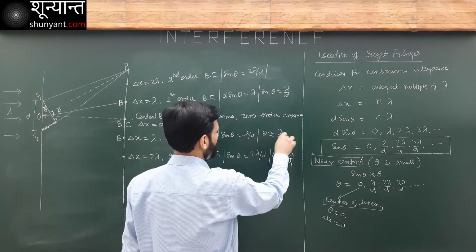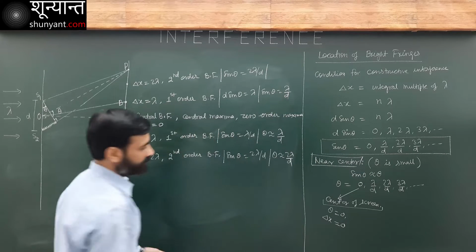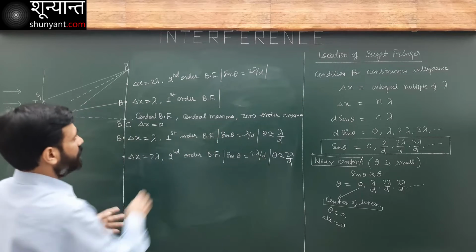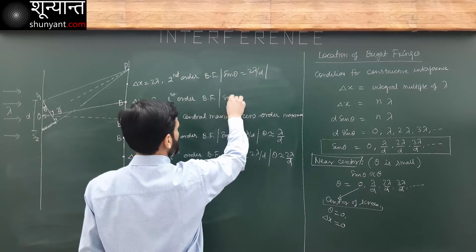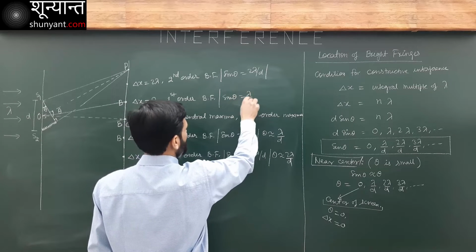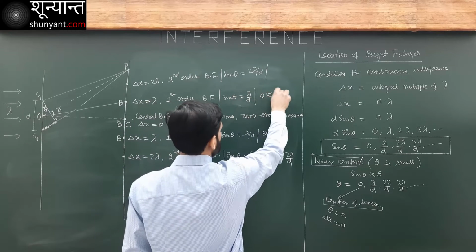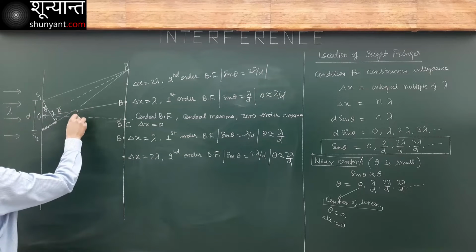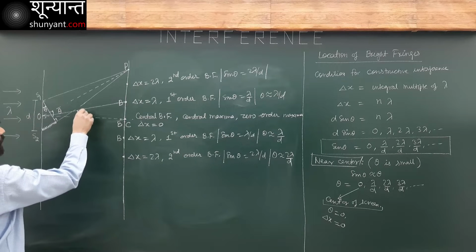Let me write it here. That means here sin theta is lambda over d, theta approximately lambda over d. So this is the position. What will be this angle? This angle is lambda over d.